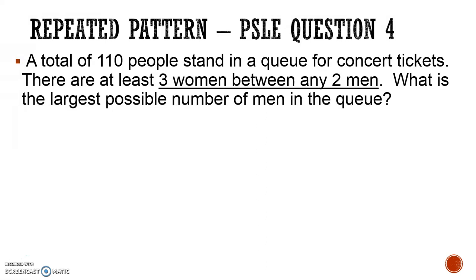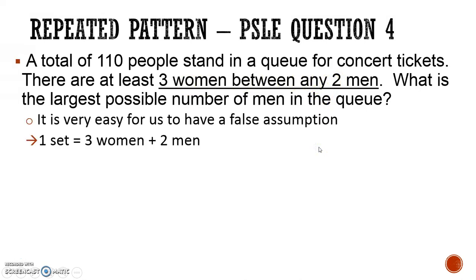Okay, let's go through it. First of all, did you do 110 divided by 5, because your set is 3 women plus 2 men? It is very easy for us to have this false assumption that one set equals 3 women plus 2 men.